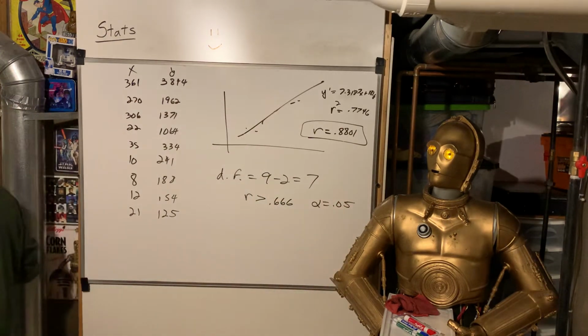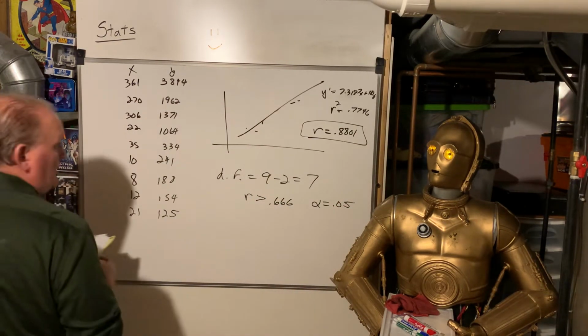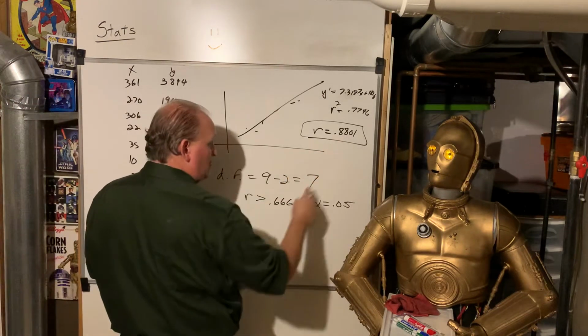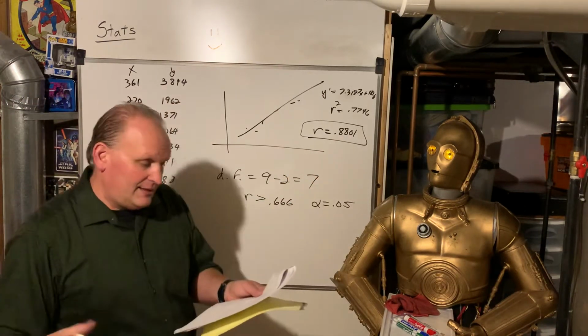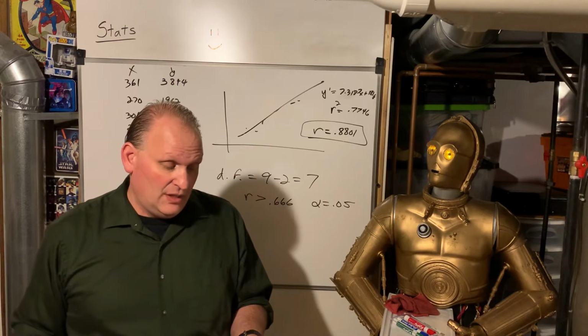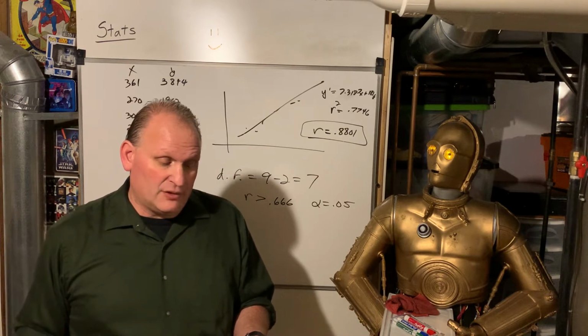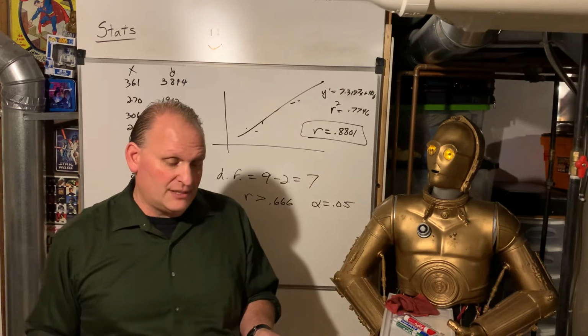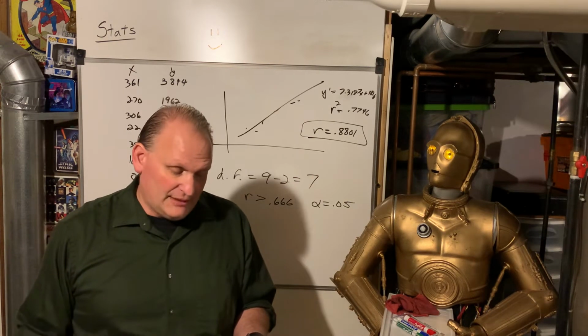And since 0.88 is greater than 0.67, then we conclude this is a good model. So part A, determine if there is significant correlation between the number of releases and gross receipts at the 5% level.